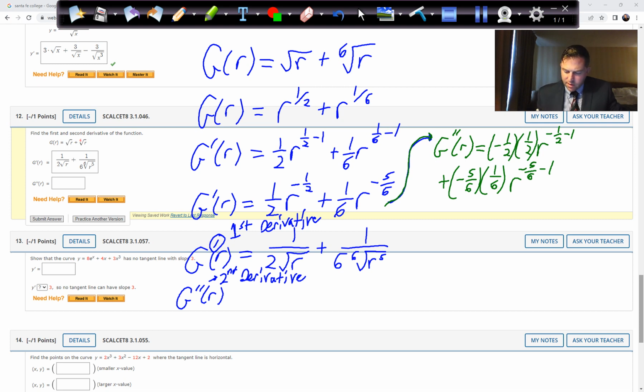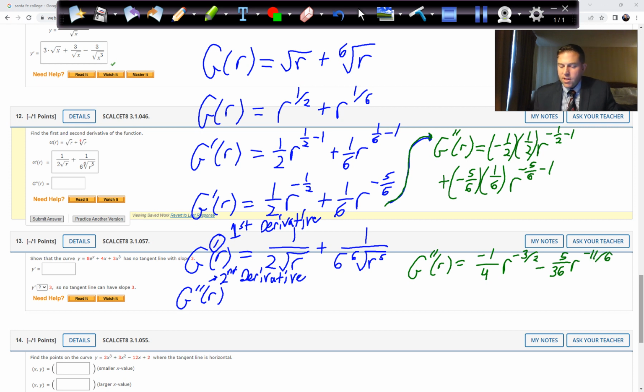Let me see if I go down here a little more space. So g double prime of r is going to equal minus 1/2 times 1/2 will be minus 1 over 4. And it's going to be r to the minus 3/2. And then minus 5/6 times 1/6 will be minus 5 over 36. R to the negative 11 over 6.